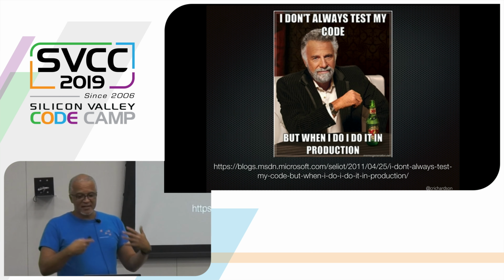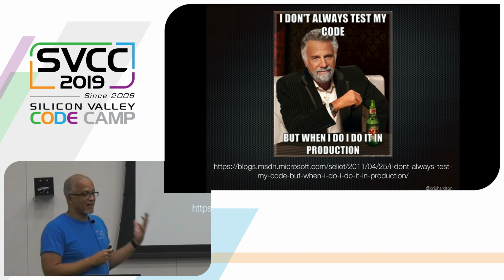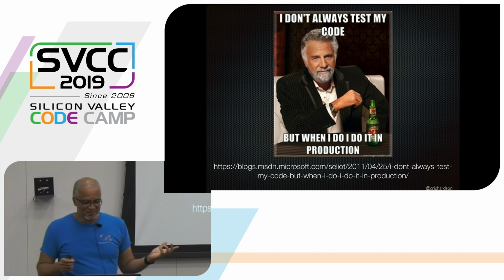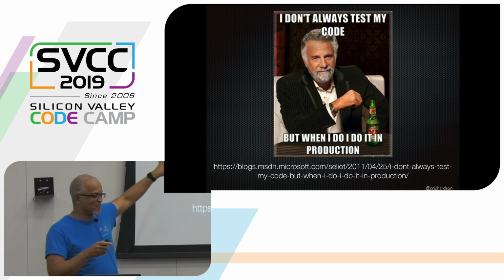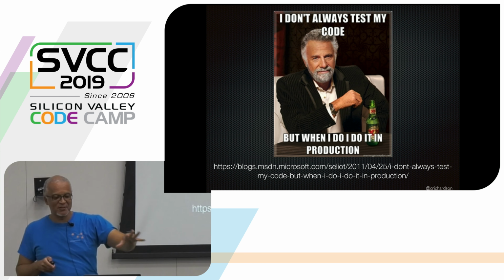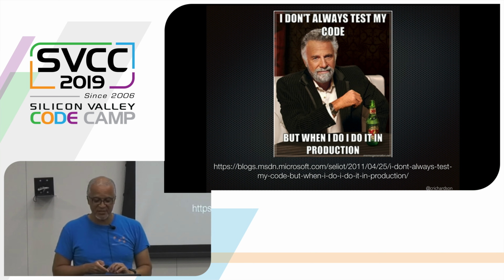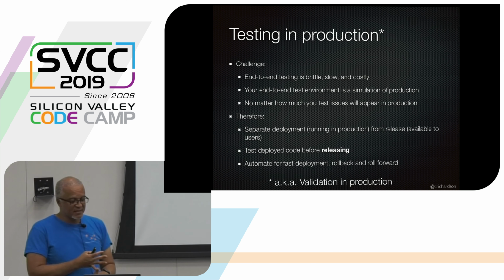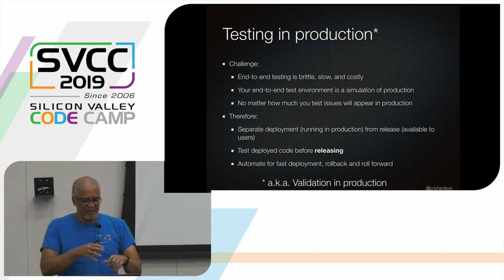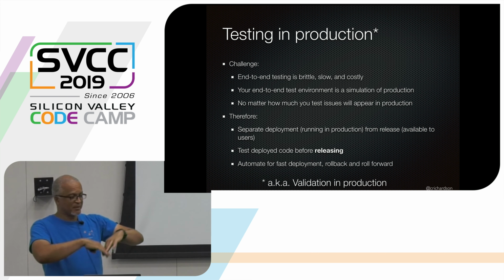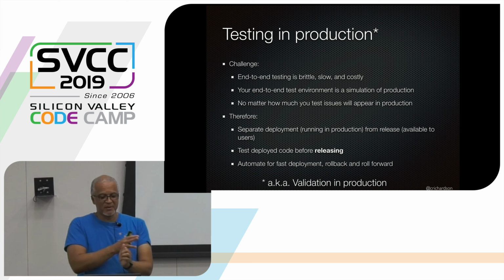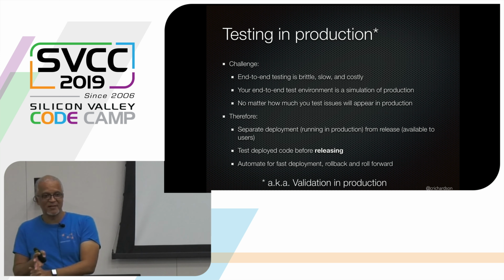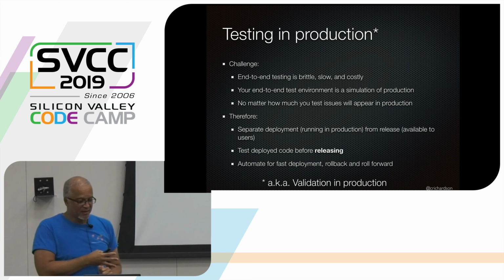So then the last thing I want to finish with is this idea of testing in production. And sort of the big concept is that you should test before production, but testing should continue in production as well. For the simple reason that you might not be able to write completely thorough end-to-end tests. And also, no matter how much you test, you will still get bugs in production, right?